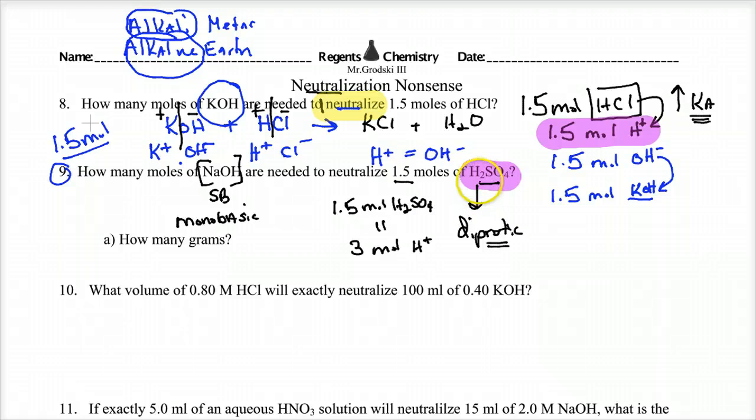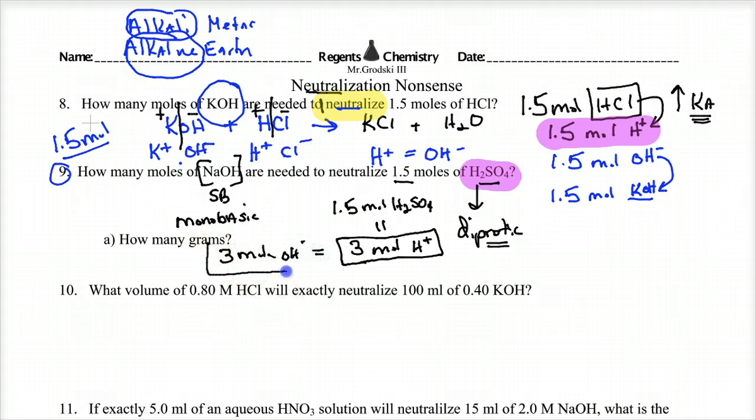Although the second H that comes off would be helped by the action of the strong base. The first H comes off as strong. The second would come off for those that are looking at this in a little higher detail. But still, there's 3 moles of protons that can come off this. So really, 1.5 moles of this is really 3 moles of protons. So my friends, we would need, you've guessed it, 3 moles of hydroxide to neutralize that.